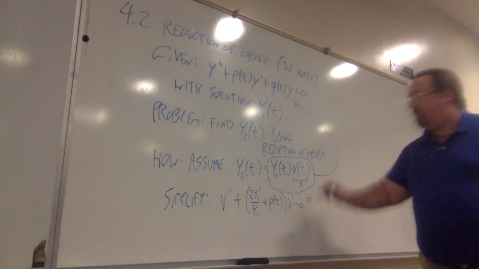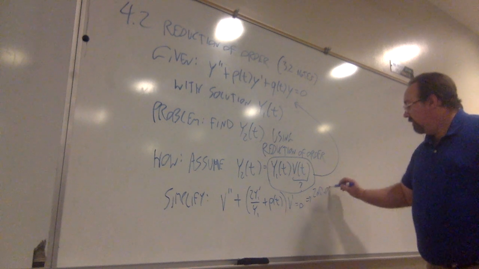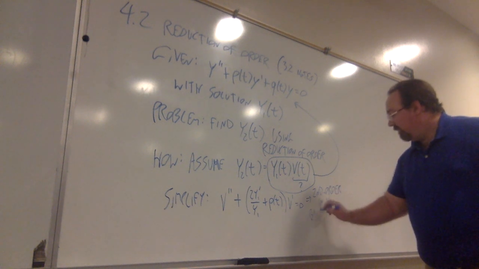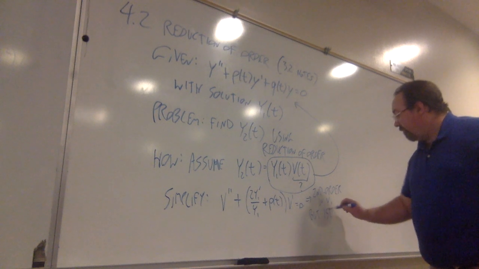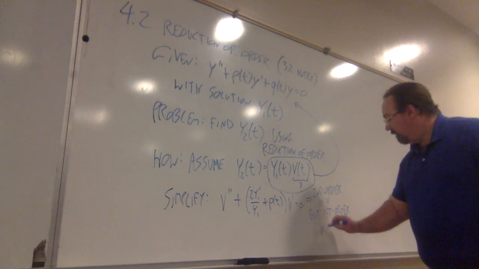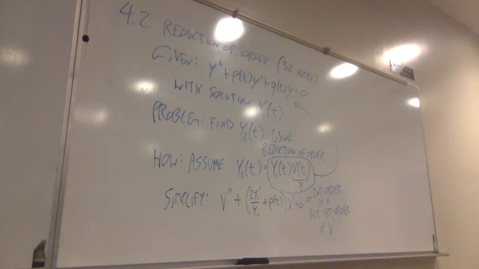So this may be a second order equation in v, which doesn't help us, but it is a first order equation in v prime. So in other words, if you create a new variable, say w is equal to v prime, we have a first order equation in w, and we know how to solve that already. We can use solution formulas from the previous chapter.